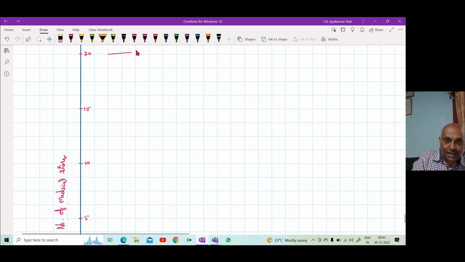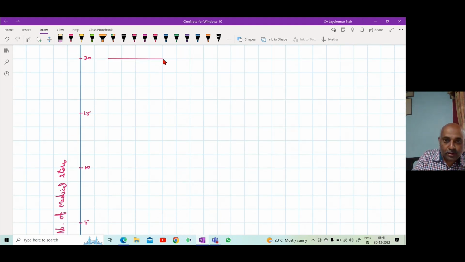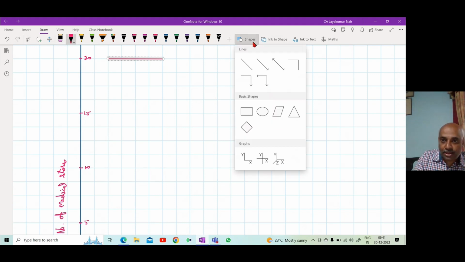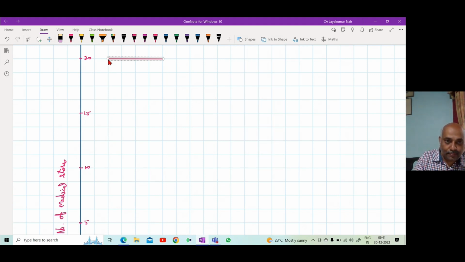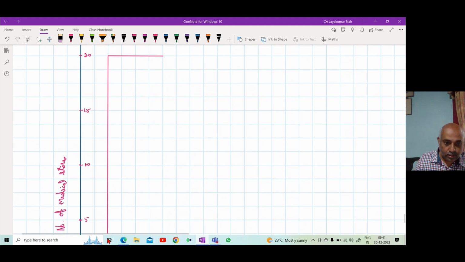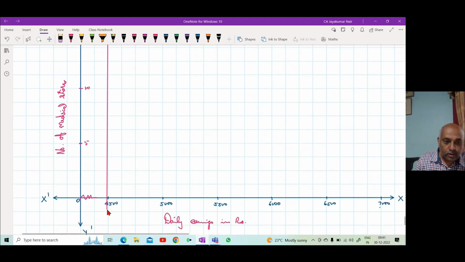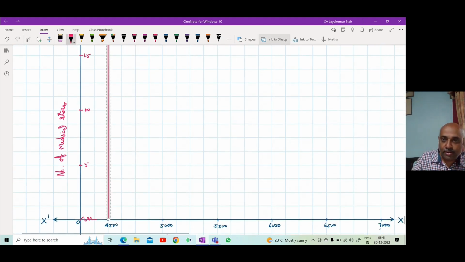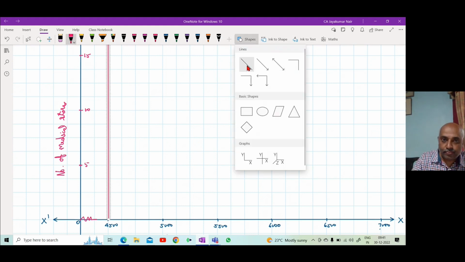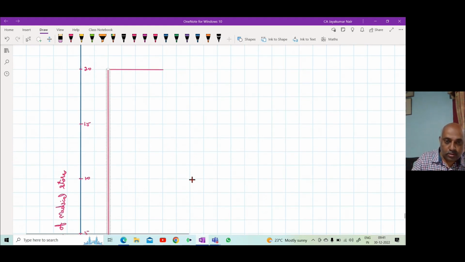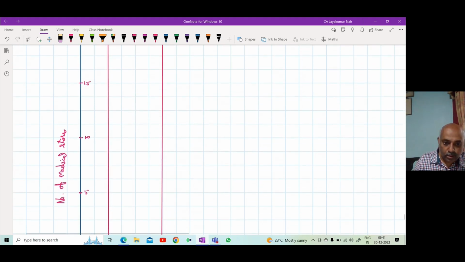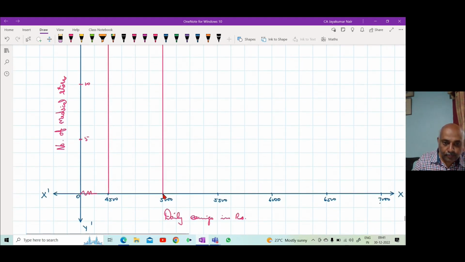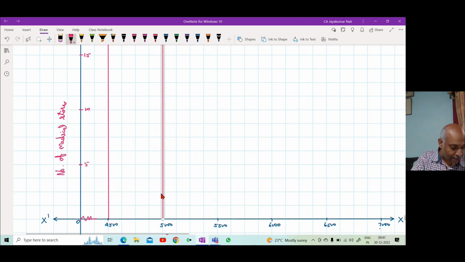So at 20, I'm drawing the bar. So 4,500. So this is the first bar.